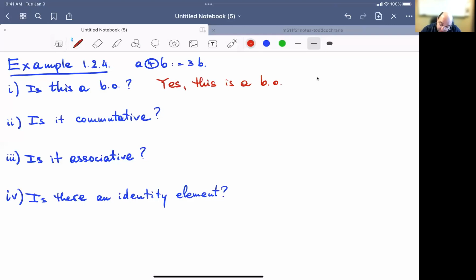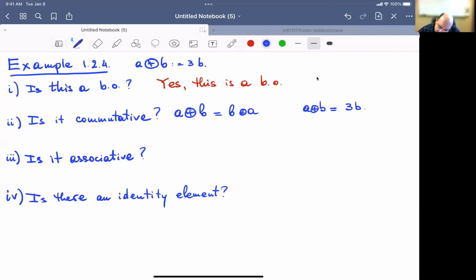Next one: is it commutative? It's saying, if I have a circle b, is that equal to b circle a for every pair of integers a and b? Well, let's calculate. a circle b is equal to 3b.